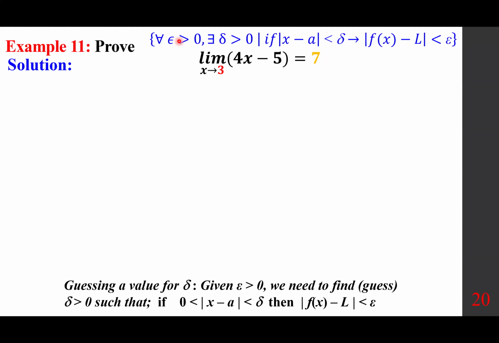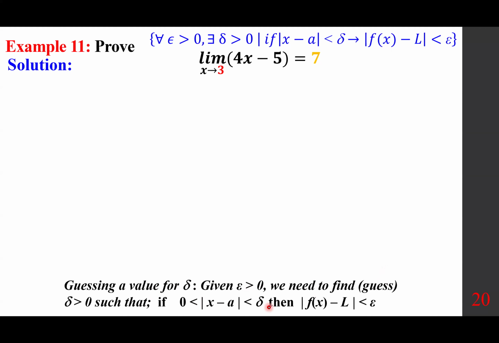Again, I'm reminding you, whatever epsilon larger than 0, there is delta larger than 0, such that if x minus a, the absolute value, is less than delta, then the absolute value of f of x minus L must be less than epsilon. And of course, the idea is a guessing game. What do we come up with? Guessing a value for delta given epsilon larger than 0, we need to find or guess delta larger than 0 such that this will result in this.